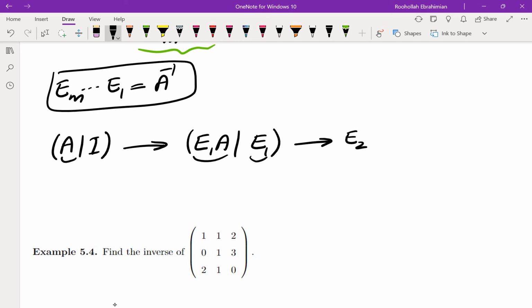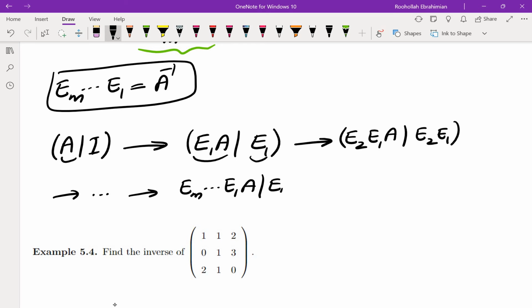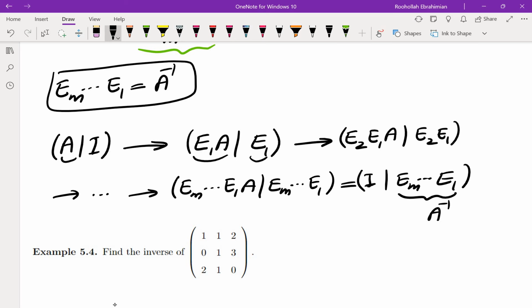So then you do E_2 E_1 A and then E_2 E_1. After you continue with this, you end up getting E_m...E_1 A and then E_m multiplied by E_1. So that is exactly identity. As soon as you get to identity, the other portion gives you the inverse. So this would be the inverse of A based on the discussion that we just had.